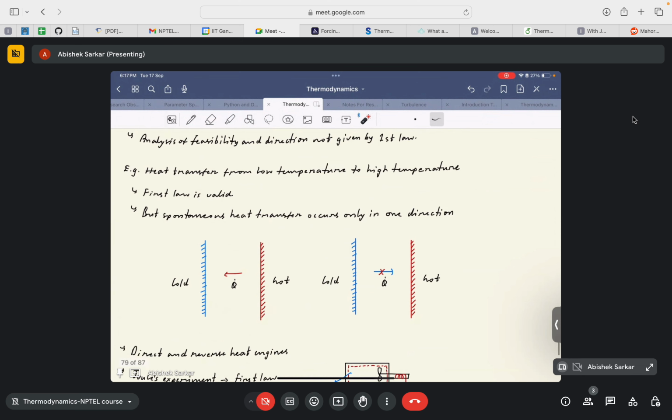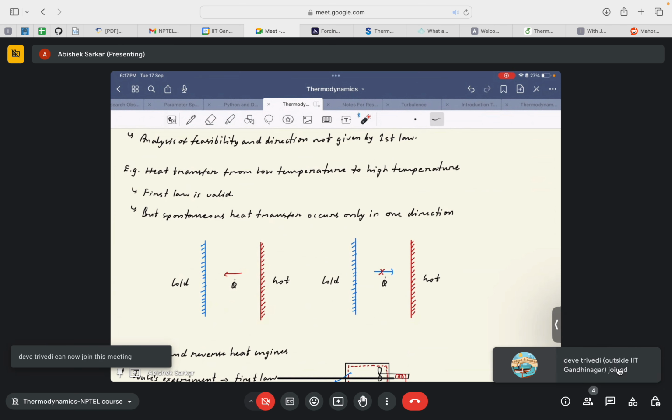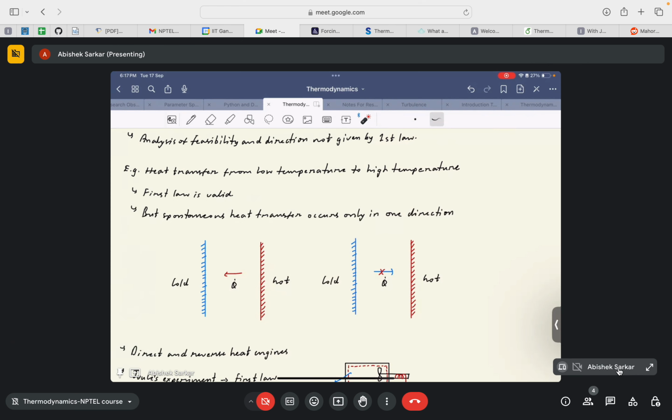But we also observe some similar phenomena where there is heat flux from a lower temperature region to a higher temperature region. For example, in the case of a refrigerator, we need to cool the system within the refrigerator to keep all the food items at a cooler temperature so that they are preserved, right?